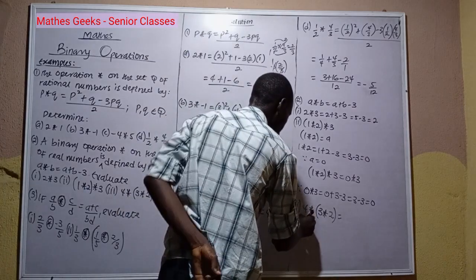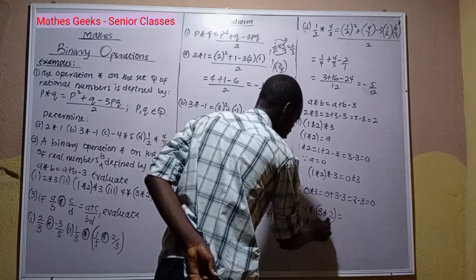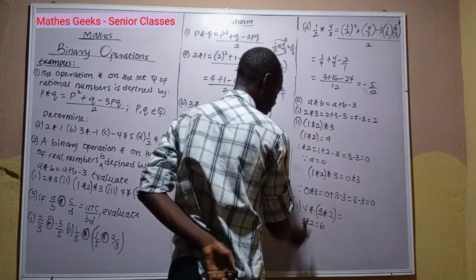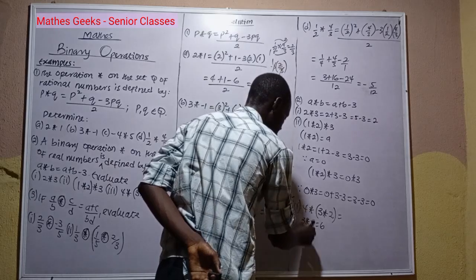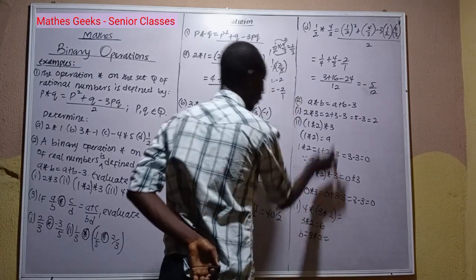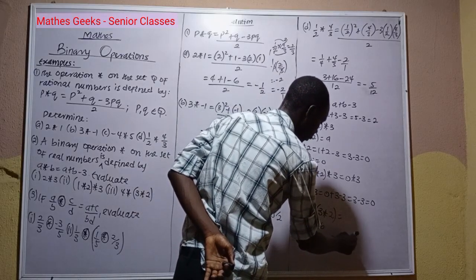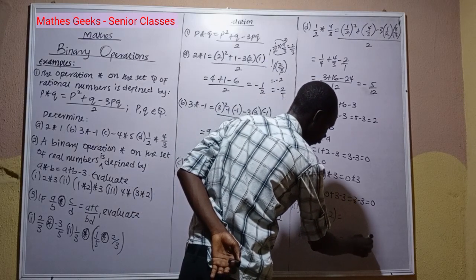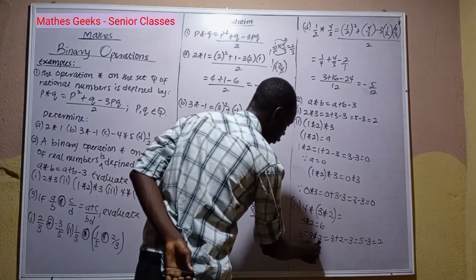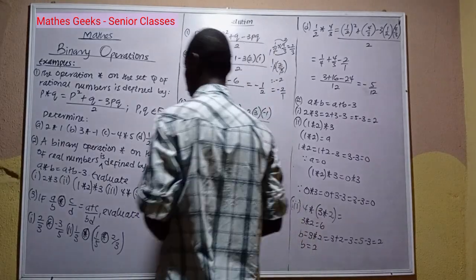So let us say 3 star 2 is equal to B, which is this part, so we need to get the value of B to use with A equal to 4. So let's solve for this first. So B is equal to 3 star 2, which is equal to, from our general rule, 3 plus 2 minus 3, that's equal to 5 minus 3, which is equal to 2. So B is 2.